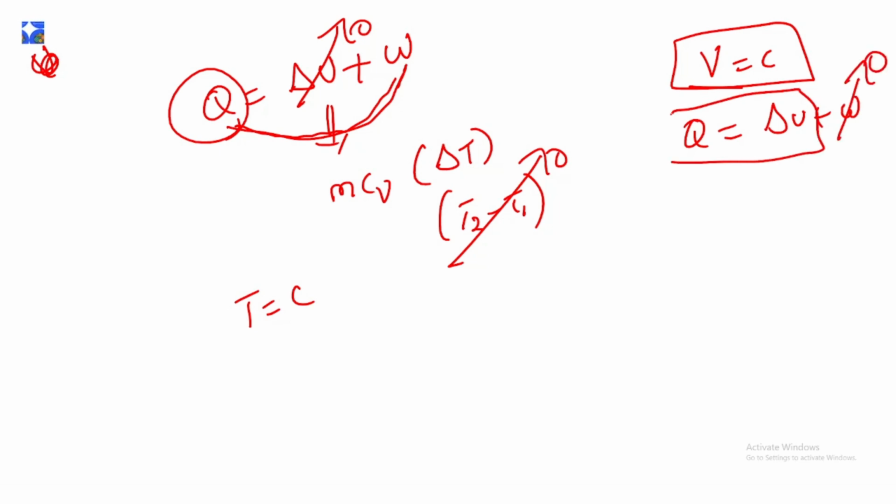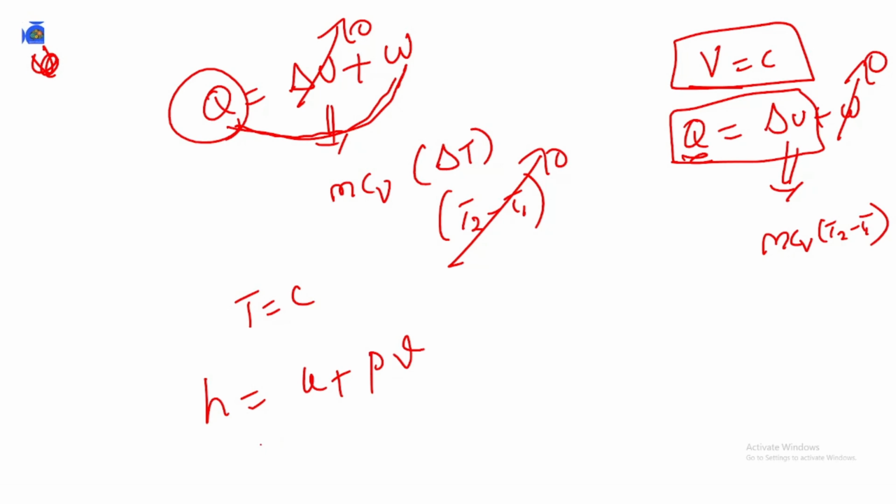So Q will be equal to del U, which means Q in this case is equal to del U, which is nothing but mCv (T2 minus T1). But what happens for enthalpy? The basic definition of enthalpy is internal energy plus flow work.